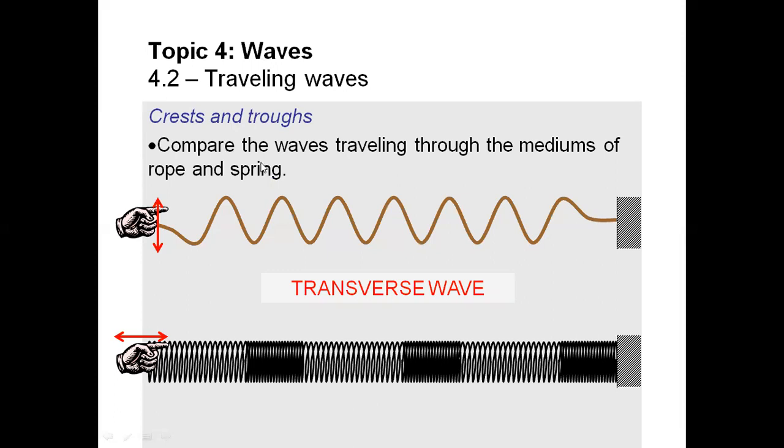In the second one, again, we have another spring. When we move our hand forward and backward, we will be able to produce a longitudinal wave, like this.